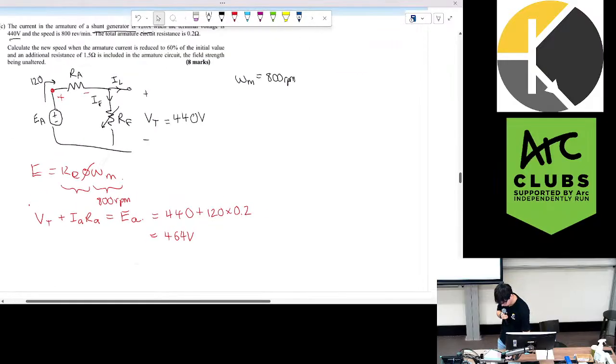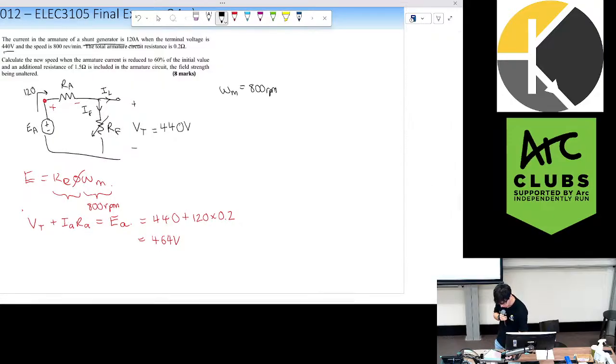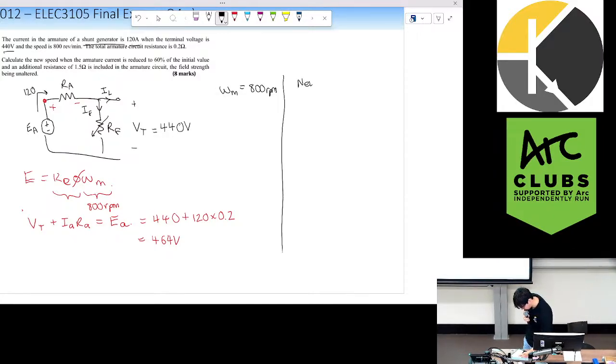Then I'm going to analyze the new circuit. What's changed is we have our armature current reduced to 60%, and we've increased our armature resistance by 1.5 ohms. So this is our new circuit. Our armature current is going to be 60% of 120, which is 72 amps, and our new R_A is 1.5 plus 0.2, which is 1.7 ohms.